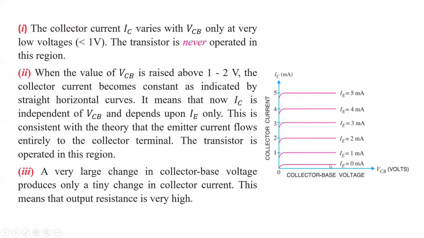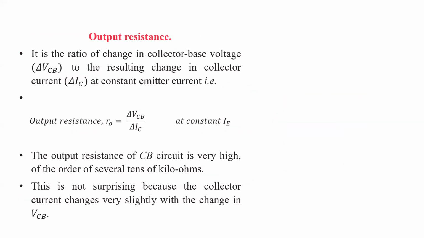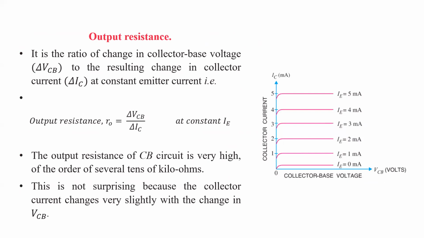So even if you change the voltage by a large value, the change in the output current will be very, very small. If you calculate the output resistance, that is delta VCB divided by delta IC, change in output voltage divided by change in output current, that is going to be very high, because delta VCB is very large and delta IC is very small.